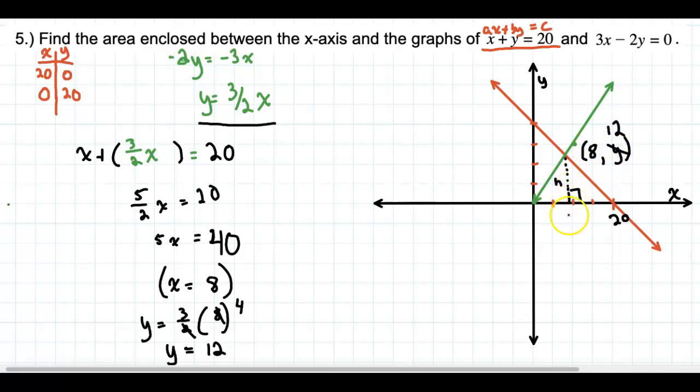So our height is 12, and so the area is equal to a half the base, which is 20, times the height, which is 12. Half of 20 is 10, so 120, and we don't know what the units are, so we'll put units squared. That's it. That's all it's asking for, right?